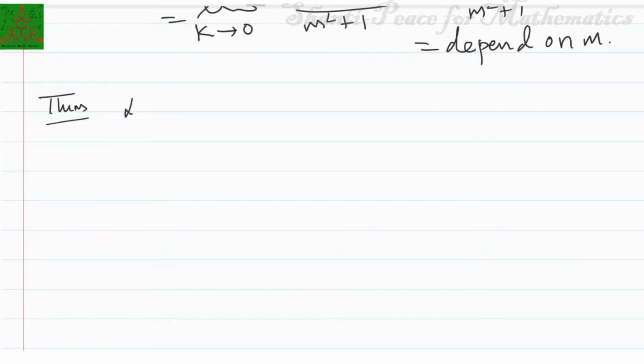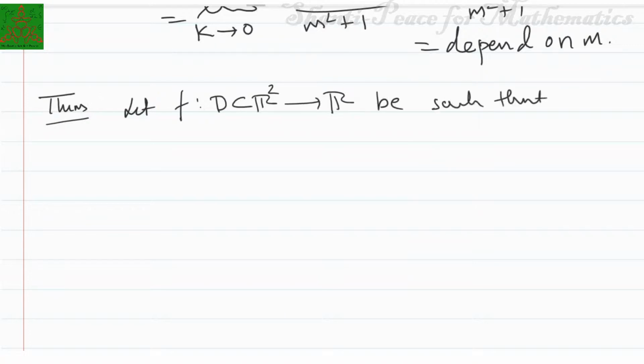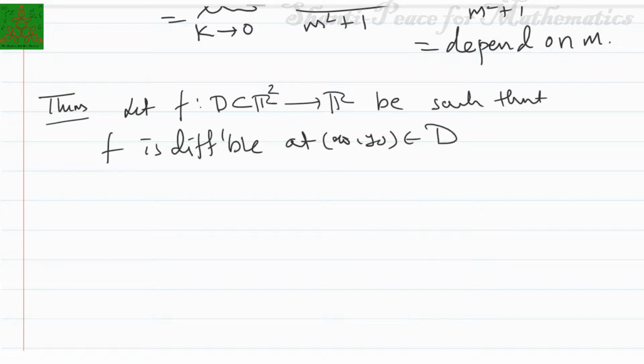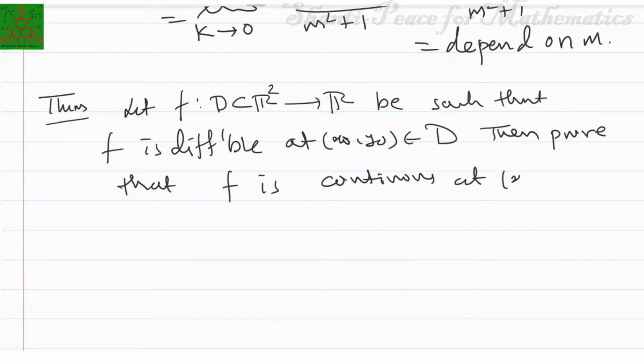It says: let f be a function defined over D, a subset of R square, to R, such that f is differentiable at x0, y0 in the domain D. Then prove that f is continuous at x0, y0. So if f is differentiable, then the function is continuous.